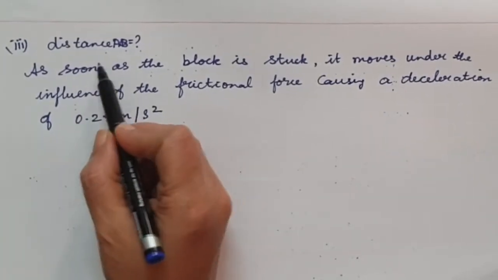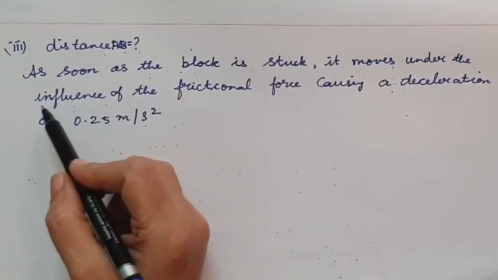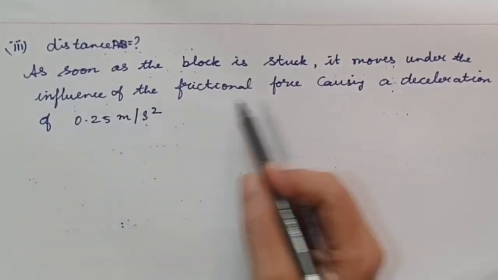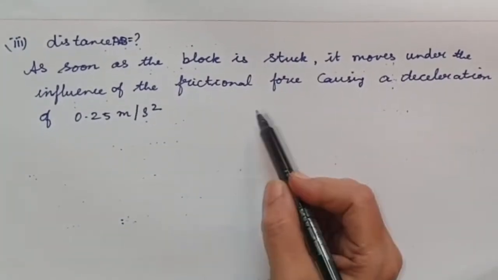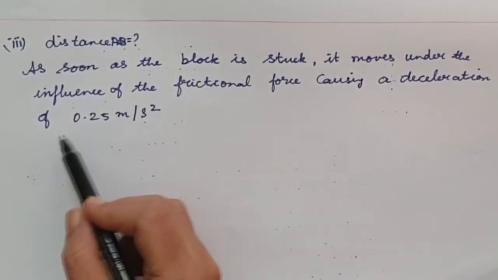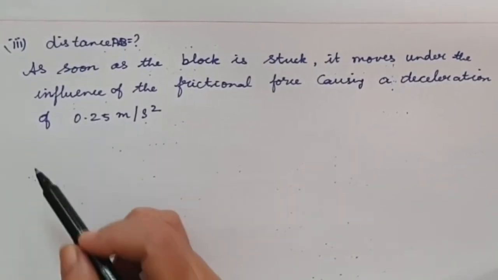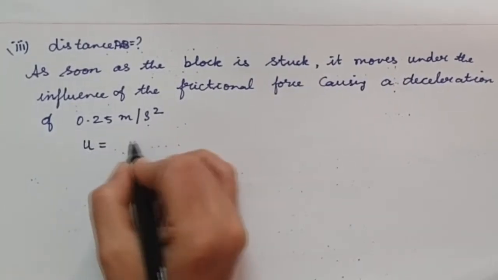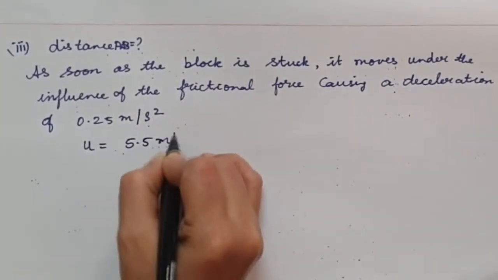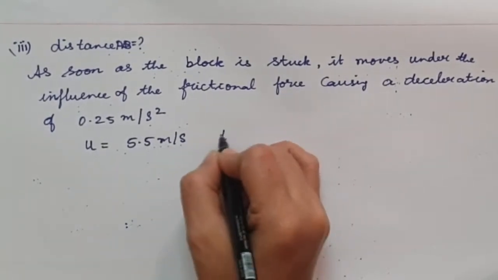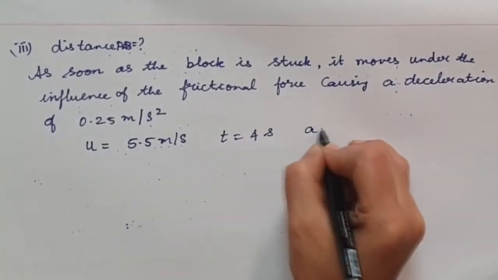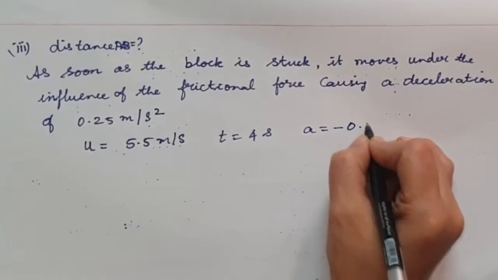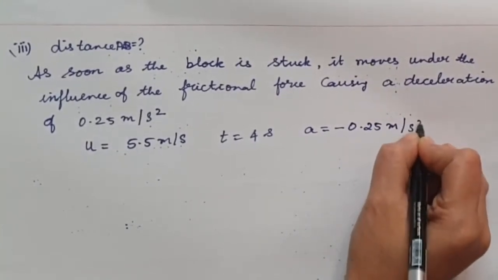Now in the third part, we need to calculate the distance AB. It is given in the question that as soon as the block is stuck, it moves under the influence of the frictional force, causing a deceleration of 0.25 meter per second squared. We have u equal to 5.5 meter per second and t equal to 4 seconds, and a we have found, that is minus 0.25 meter per second squared.